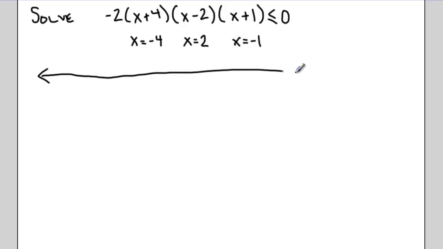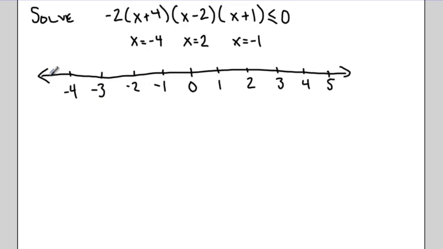So I'll draw in my number line to show the intervals that I need to solve for. So I'm looking at an x-intercept at -4, an x-intercept at -1, and an x-intercept at 2, which means I have to test values on 4 intervals.